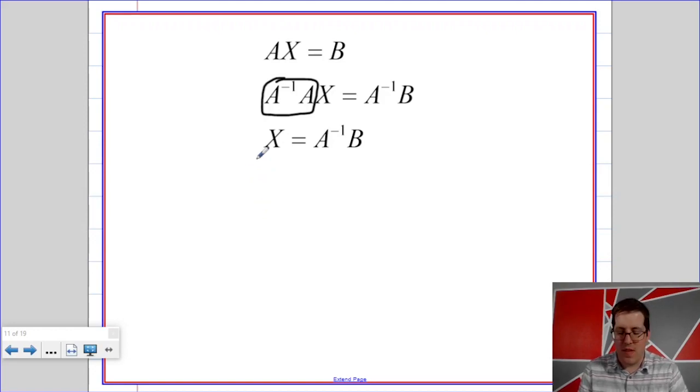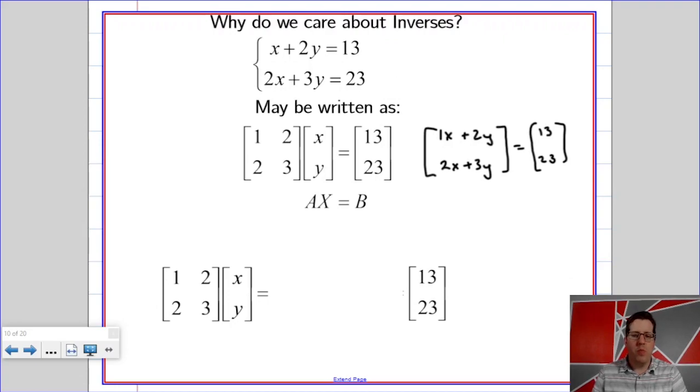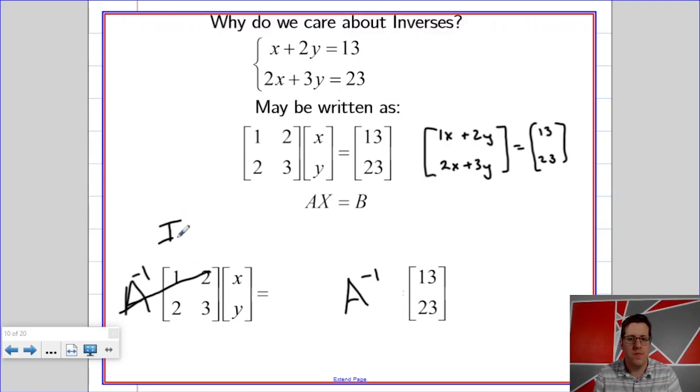So what I'm saying is this. If you multiply by the inverse of the coefficient matrix on both sides, then the coefficient matrix and the inverse matrix will cancel out to make the identity. And your solutions can be found simply by multiplying on the left the inverse times the constant matrix.